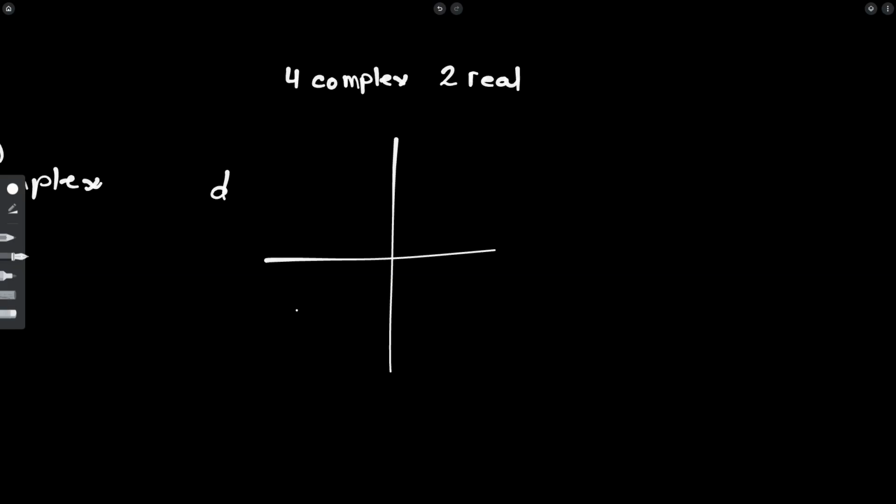And if we were to sketch this, it would look something like that. 2, 3, 4. Oh, that doesn't quite work. We have 1, 2, 3, 4 complex here, and we have 2 real solutions here. Brilliant.